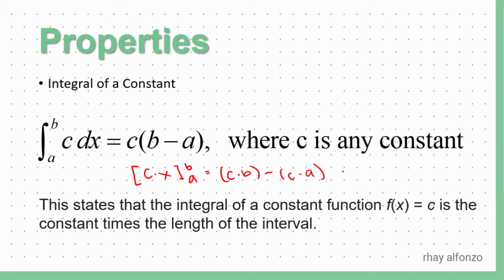And we can factor out c, giving us c times b minus a. So this states that the integral of a constant function f of x equal to c is just the constant times the length of that interval.